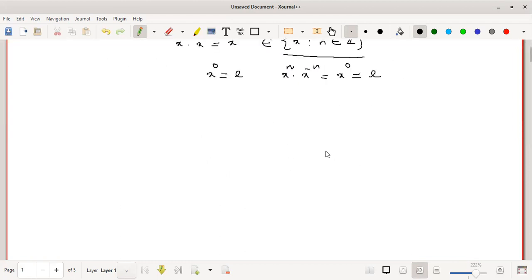And this set is actually denoted by the set generated by x. This is the symbol.